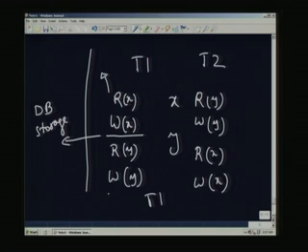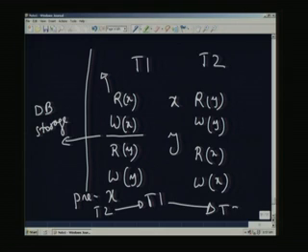If you allow the before value, that is pre x, to be read, then the transaction T2 is actually coming before T1, because it is reading a value that is not modified by T1. If you allow T2 to read a modified value, then in effect it is coming after, that is, this is write x, this is after written.